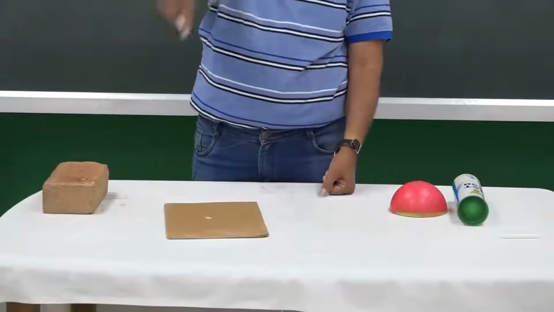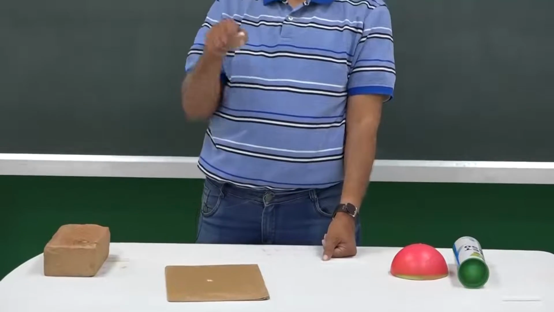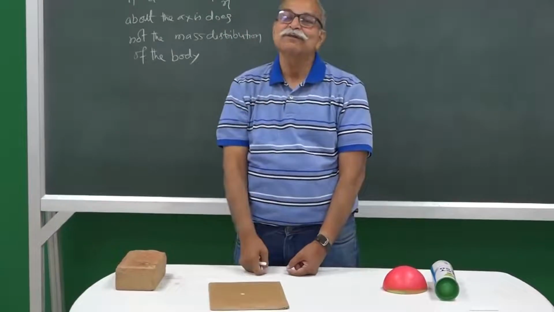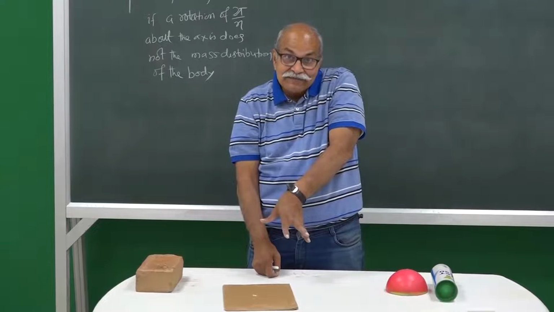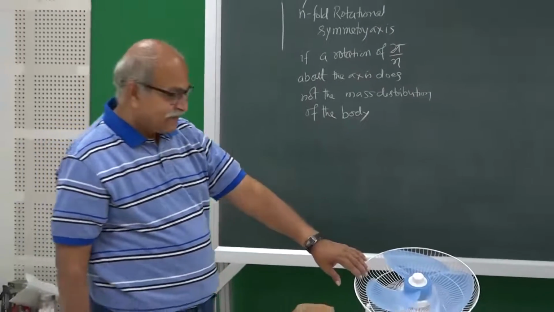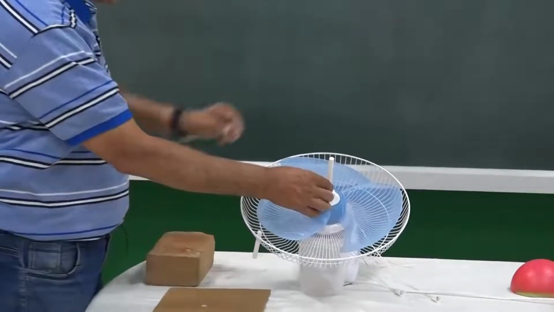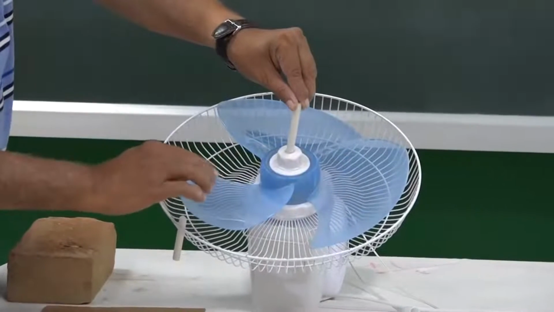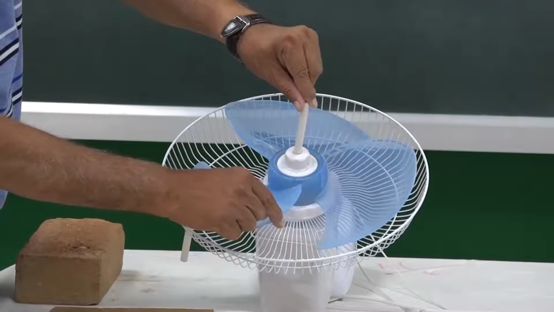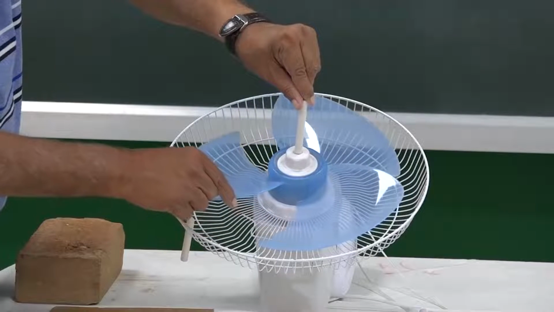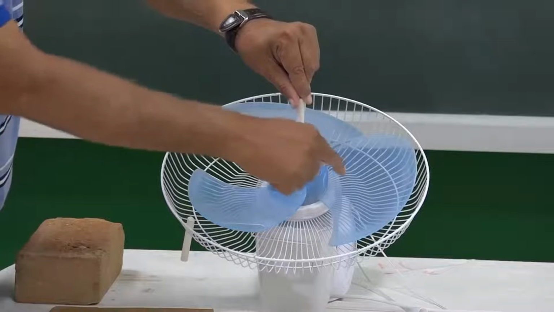So, this axis is a two-fold rotational symmetry axis. Similarly, suppose you have an equilateral triangular plate, and you are at the centroid, and draw a line perpendicular to the plane, and rotate by 2 pi by 3, 120 degrees. Look at this fan: this blade is here, this blade is here, this blade is here. I rotate this fan by 120 degrees, and I obtain the same mass distribution.